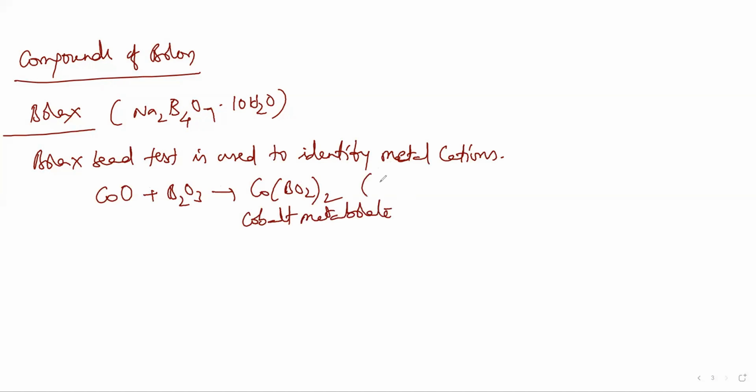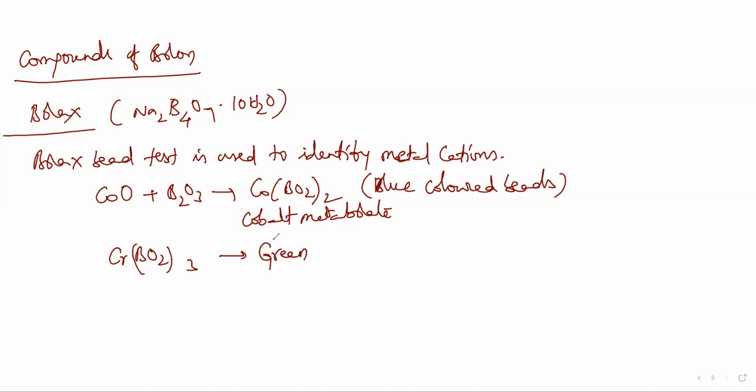This forms blue colored beads. Whereas Cr(BO2)3, chromium, gives green colored beads. Ni(BO2)2 gives brown colored beads. Okay.